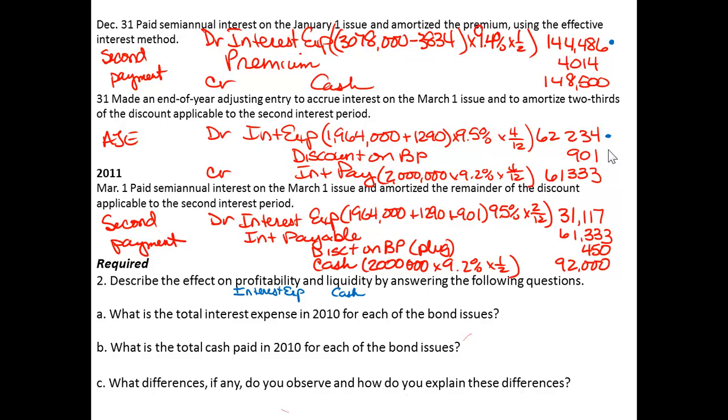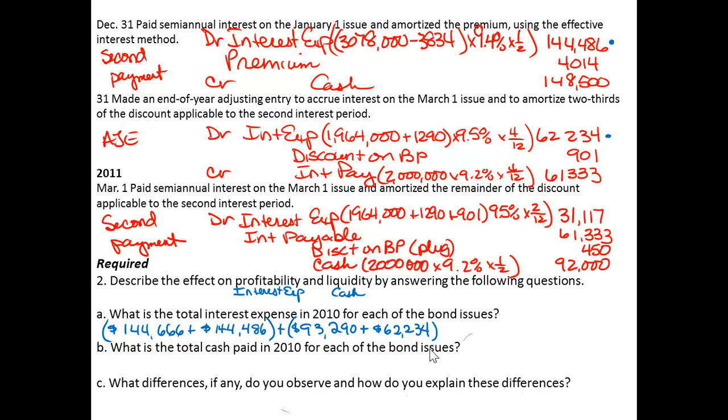So if I add all of those together, it comes to $144,666 plus $144,486 for the bond that was issued at the premium, plus the bond issued at the discount was $93,290 for the first interest payment, and then the adjusting entry at year end of $62,234.